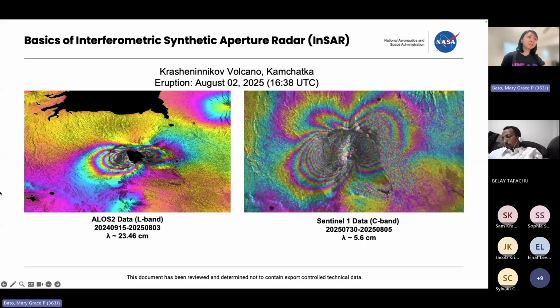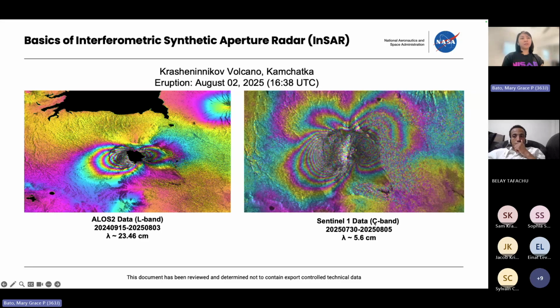You can see that you have a lesser amount of fringes that becomes saturated. I'm looking for the word saturated. It becomes saturated because it has a longer wavelength.